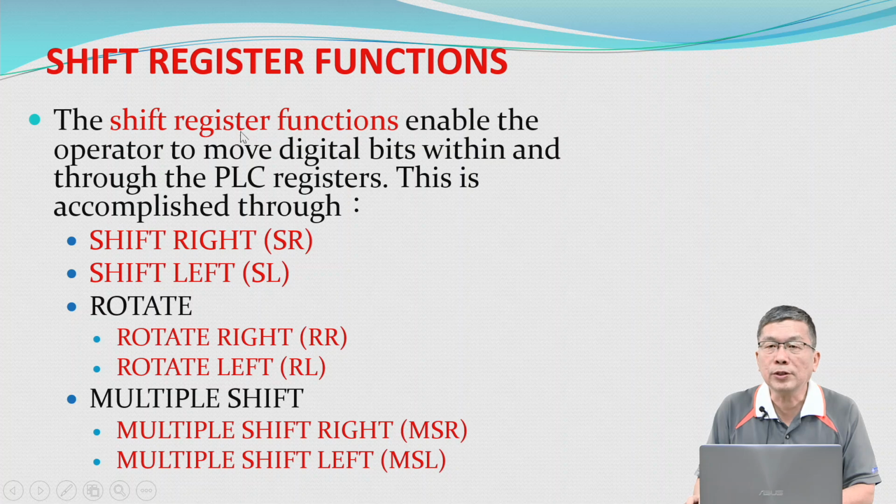The shift register functions enable the operator to move digital bits within or through the PLC registers. This is accomplished through shift right, shift left, rotate right, rotate left, multiple shift right, and multiple shift left.